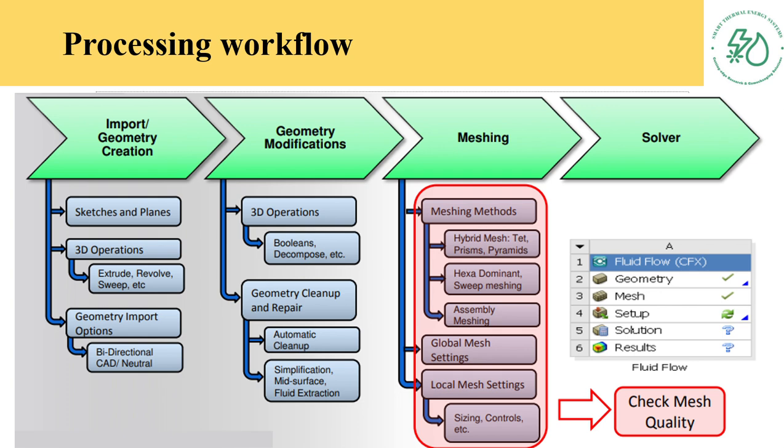Set boundary conditions in this section, and then initialize the flow field to provide a starting point for the solver. Execute the solver to perform the simulation, monitor convergence, and adjust the solver settings if necessary. And finally, make necessary adjustments to the model and rerun the simulation to improve accuracy.